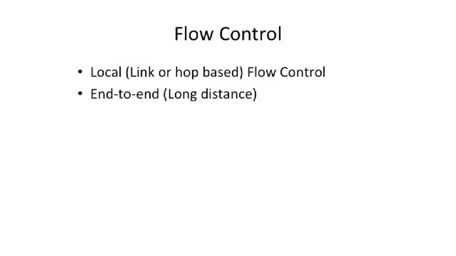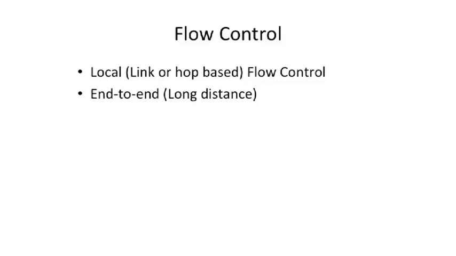Okay, so let's talk about flow control. This is an aspect of networking that I really enjoy, actually. So flow control is making sure that you don't drop data, making sure that you have back pressure in your networks so that you don't lose data in your network.